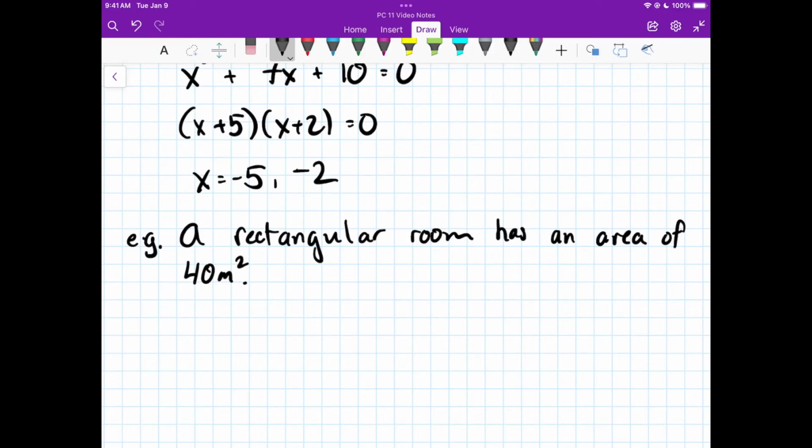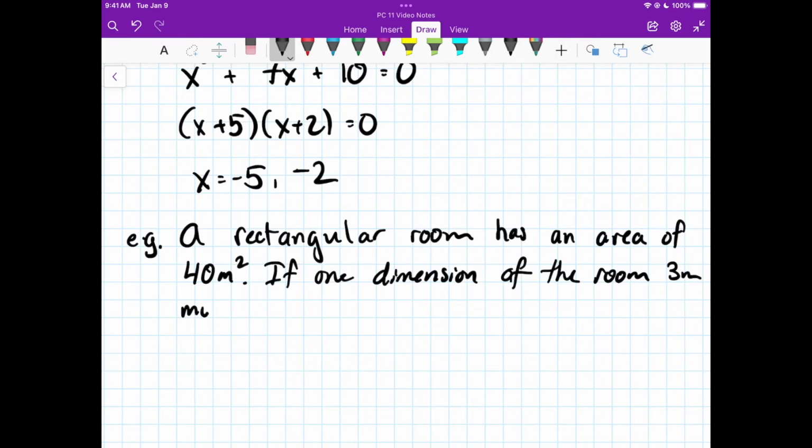And I can give you a little bit more info about this. So if one dimension of the room is 3 meters longer than the other. So dimensions, remember, is just length and width. So one of those is 3 meters more than the other. What are those dimensions?